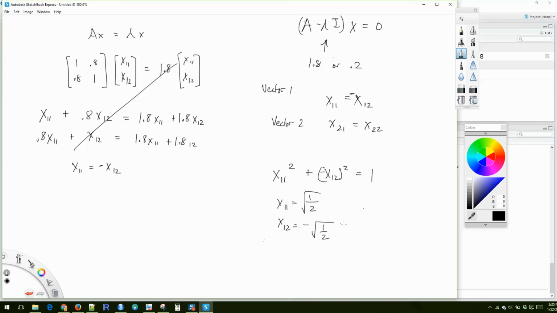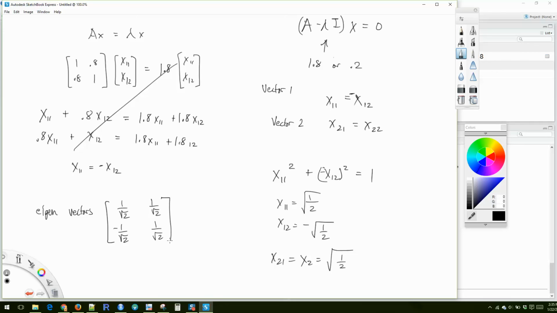And then the other one, you're going to get the same kind of thing: x21 and x22 both end up being the square root of 1/2. So everything adds up. Our eigenvectors end up being 1 over root 2, negative 1 over root 2, and then 1 over root 2 and 1 over root 2.